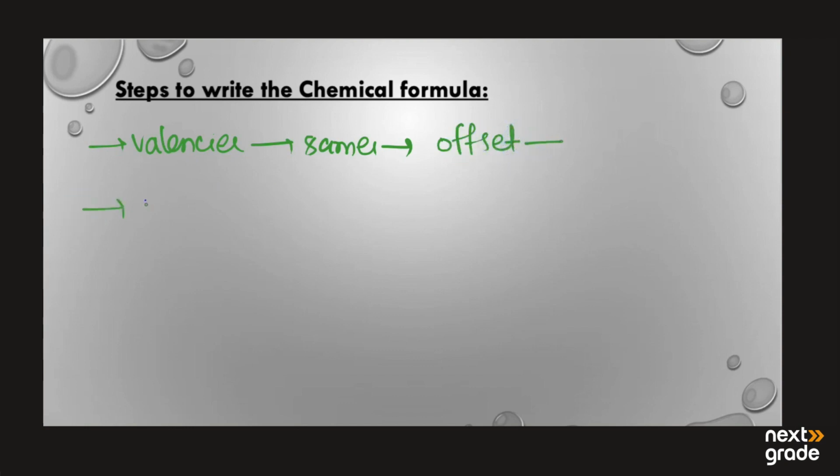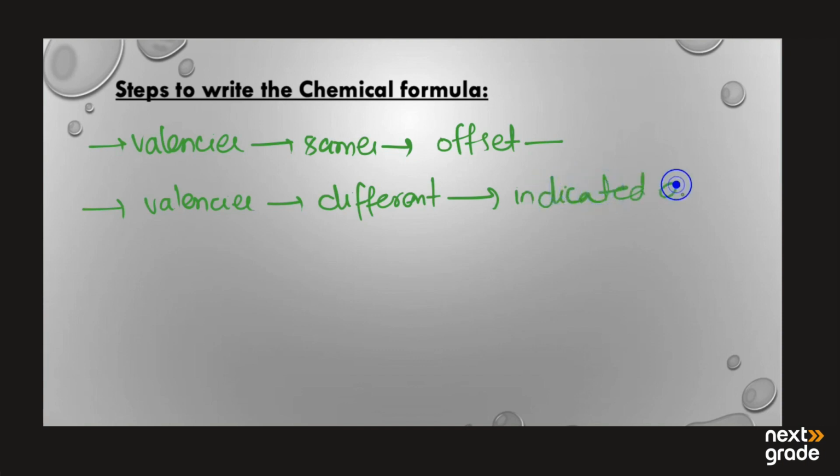But if the valencies of the atoms are different, then they must be indicated. For example, calcium has valency +2 and chlorine -1, so the formula will be CaCl2.